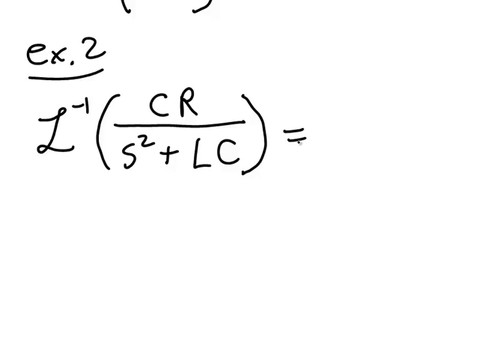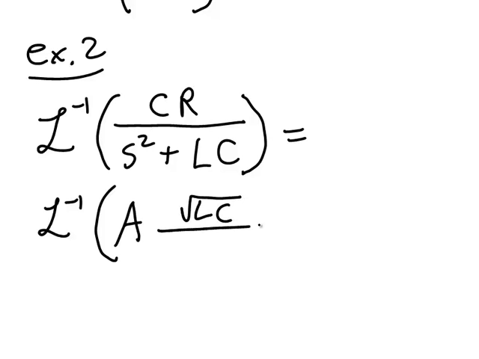I'm going to rewrite this problem by pulling a constant out front and making this function match the form in the table. If we had a function like this, it would match the form in the table. And when we do the inverse Laplace, it would be easy.